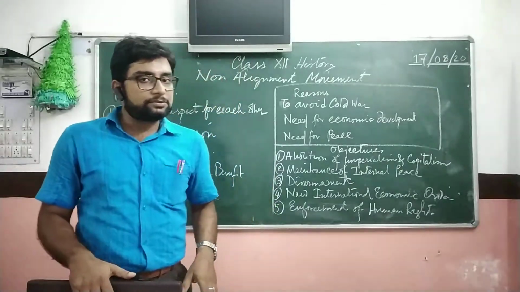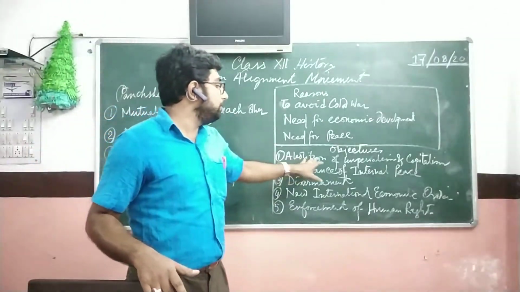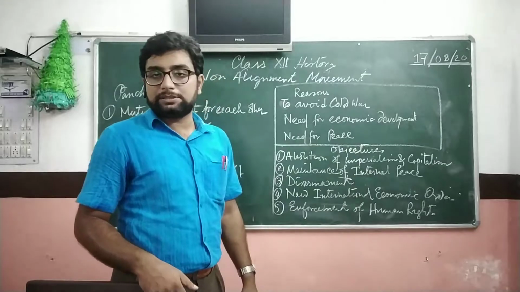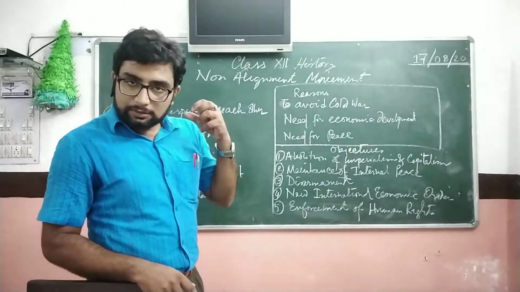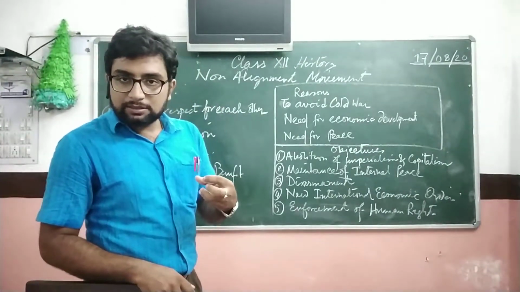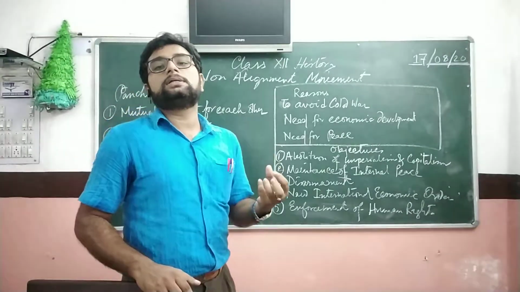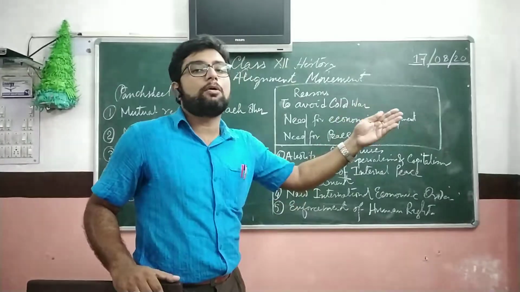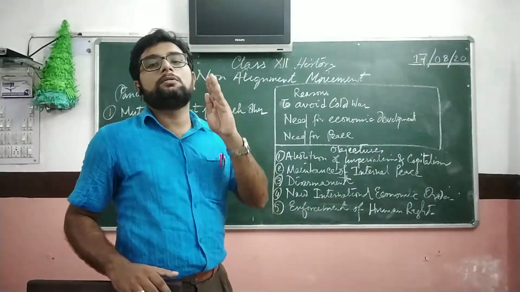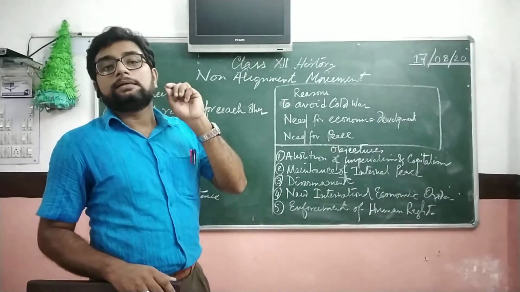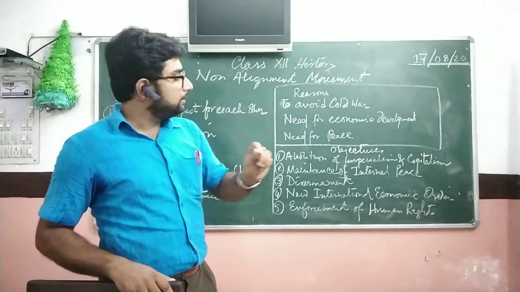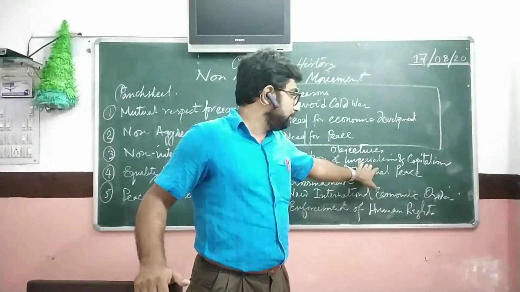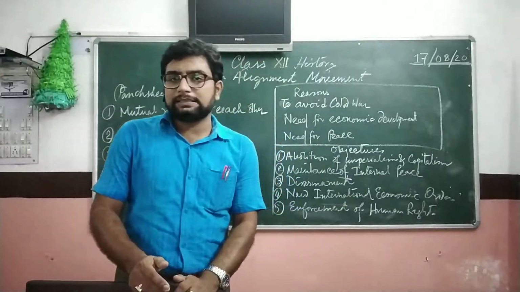So the objectives of NAM were abolition of imperialism and capitalism. These little countries, from the very beginning of their birth, were wholehearted supporters of the UN. And the UN was strictly opposing imperialism. And what about capitalism?